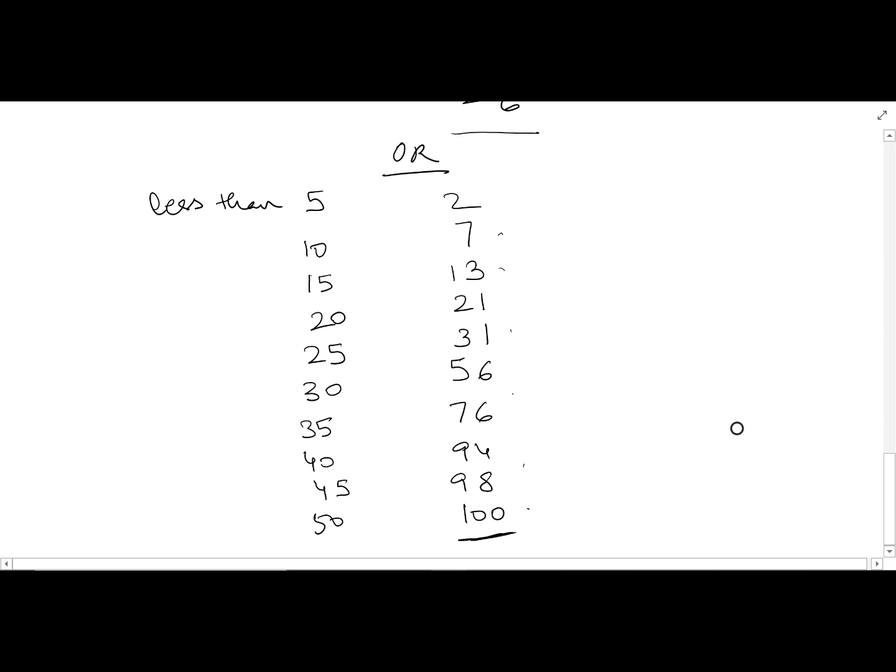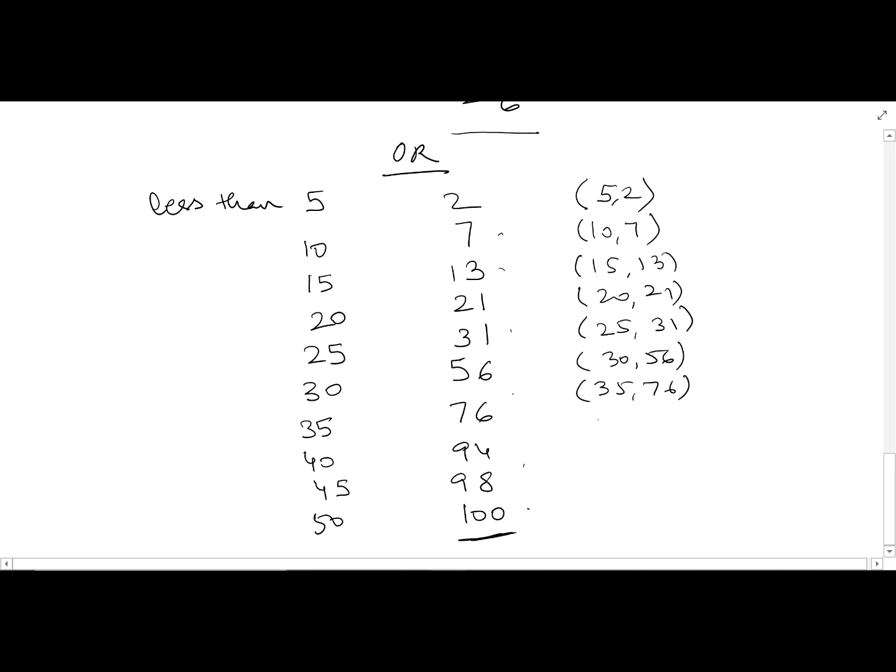Now what we do is we plot these points, which is 5, 2, 10, 7. So we have the xy coordinates 20, 21, 25, 31, 30, 56, 35, 76, 40, 94, 45, 98, and 50, 100.